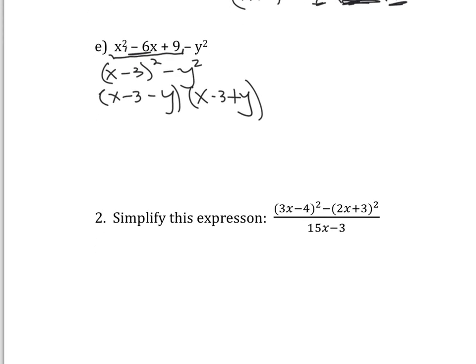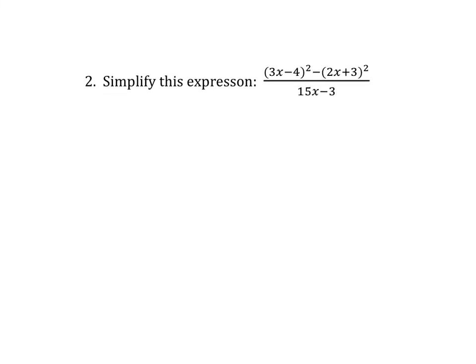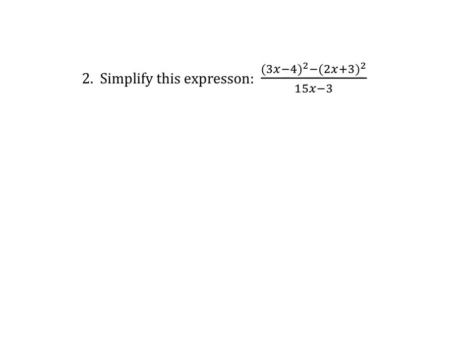Okay, next one here, simplify this expression. Okay, what I hoped that you would see was that in the numerator here, we have a difference of perfect squares. We have (3x minus 4) squared minus (2x plus 3) squared. So we have a is equal to 3x minus 4, and b is equal to 2x plus 3.